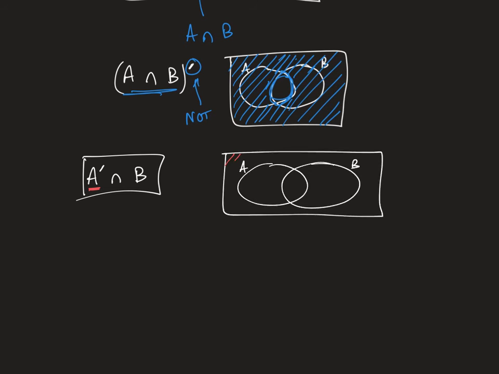Okay, so A not would be everything that is outside here. Okay, everything that is not in A, because we're using this complement sign. So it's everything that's not in A, and I've done that in red here. Now I'm going to shade in everything that is in B in blue here. So this is everything that is in B in blue there.